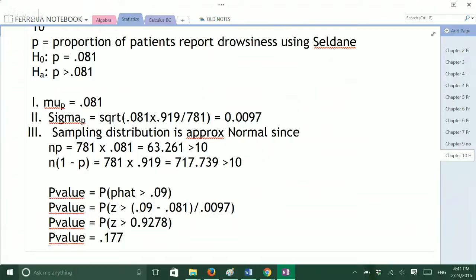That gives 0.1768, which means our findings are not significant.